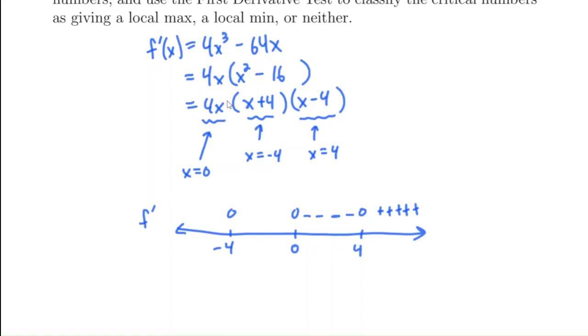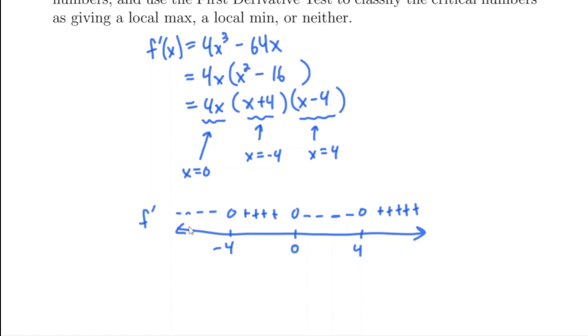If you plug it in here, that'll be negative. This one will be positive, and this one will be negative. And so negative times negative is positive. So any number in between here is going to be positive. And likewise, if you plug in a number less than negative 4, like negative 5, all three of these will be negative, and a negative times a negative times a negative is negative.